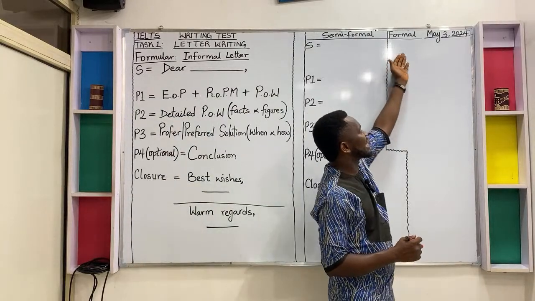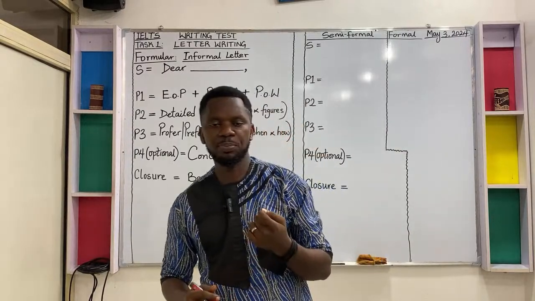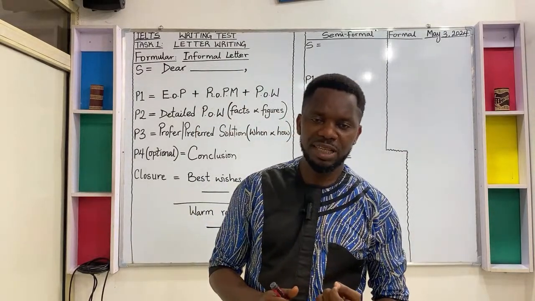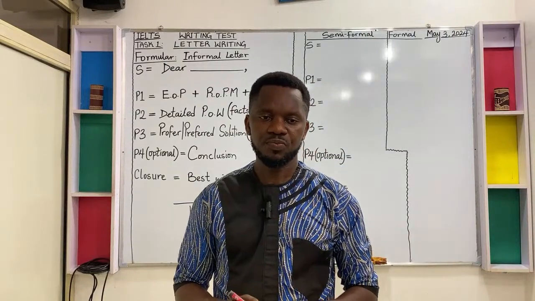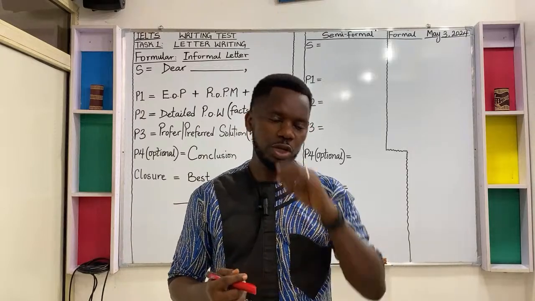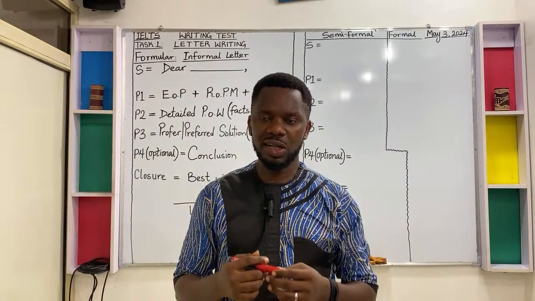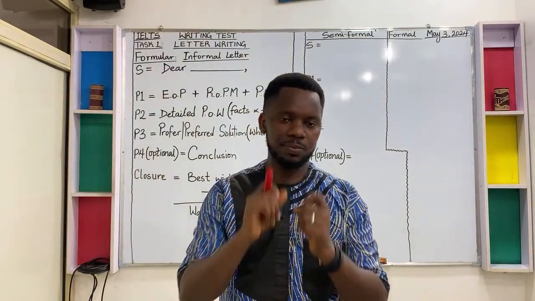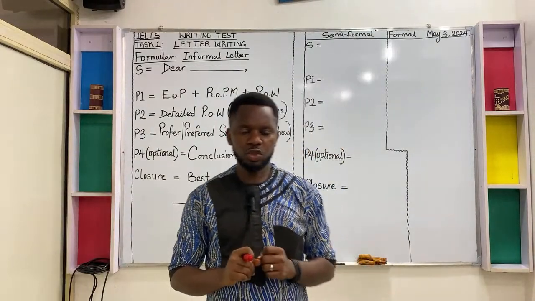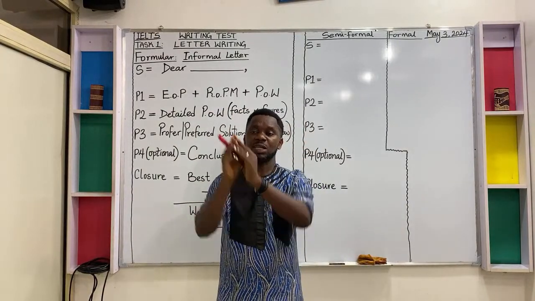Examples of formal letters: application letters for employment, letters to bid for contracts, letters to media houses, letters of resignation, letters to open a bank account with a particular bank.